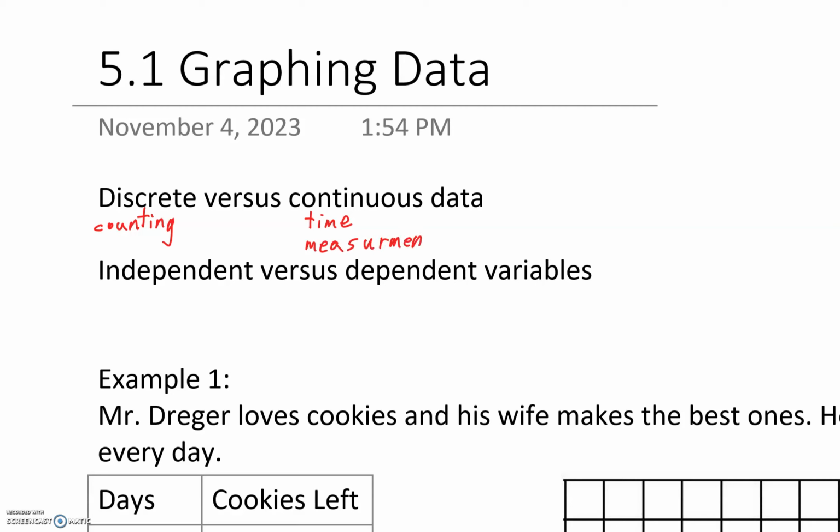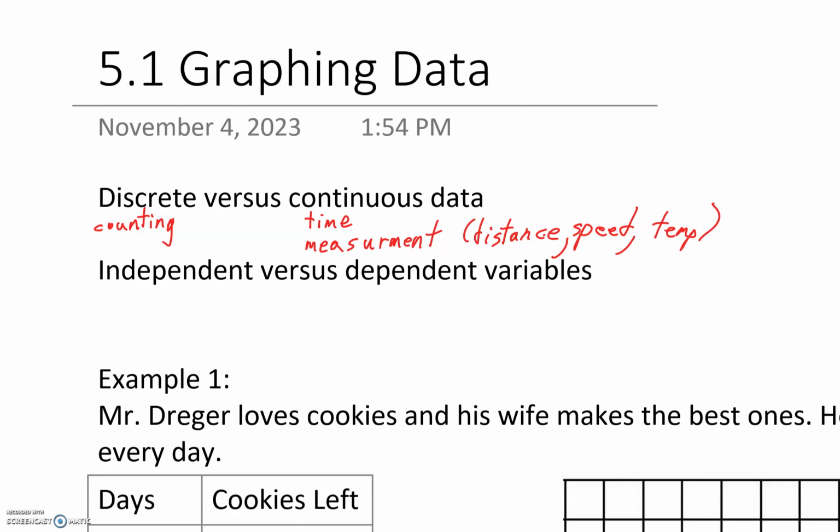So this would be like distance, speed, temperature. Okay, these are all continuous because you can actually cut them further and further in half.